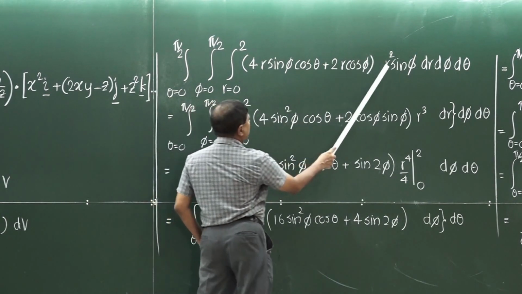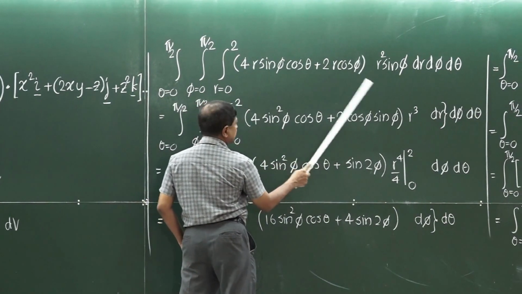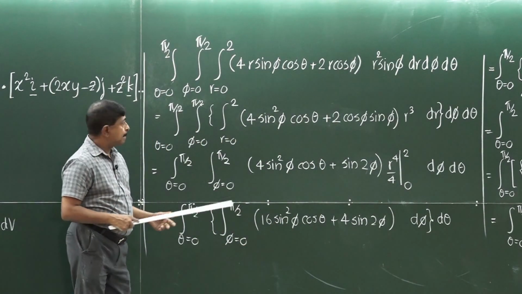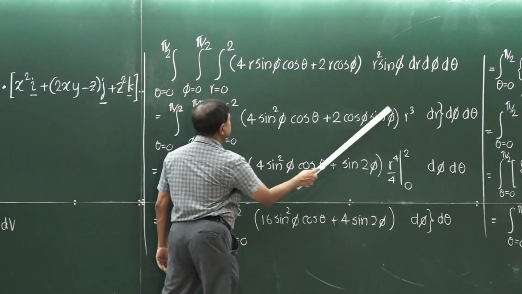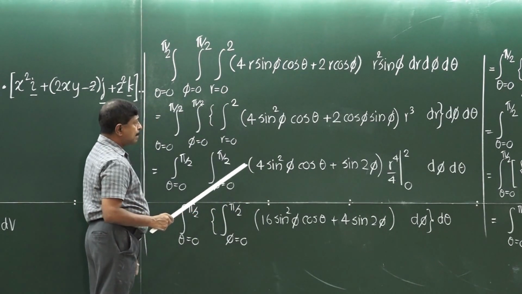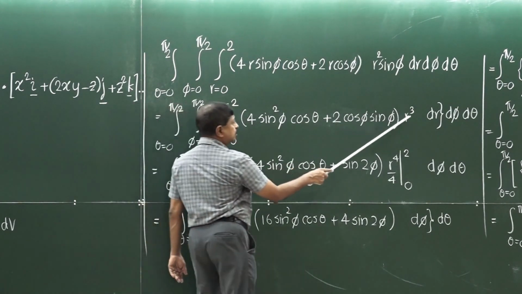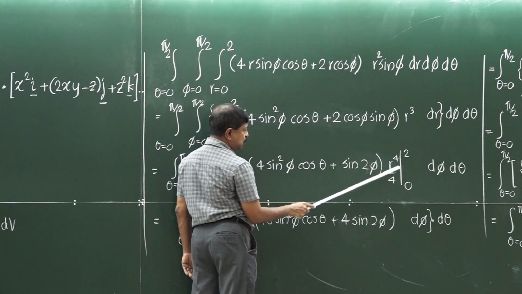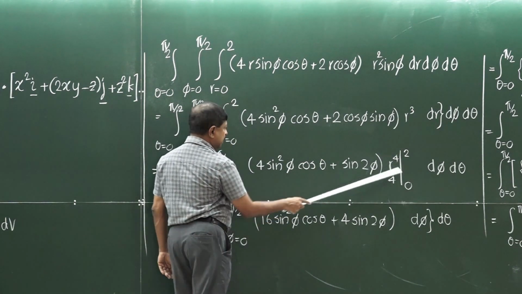You can pull out r from these two, leaving r cube outside. Now, this is what you have in the pair of parentheses. When you integrate r cube, you get r to the power 4 over 4, and now you plug in limits.